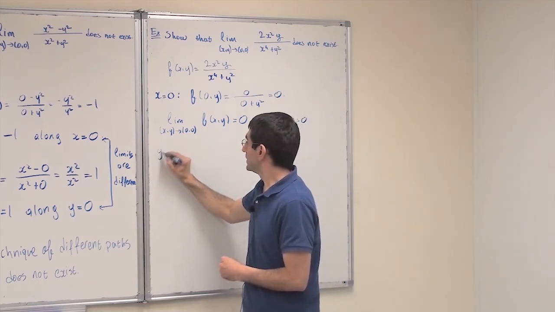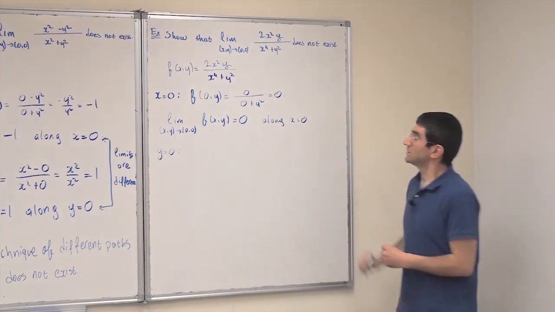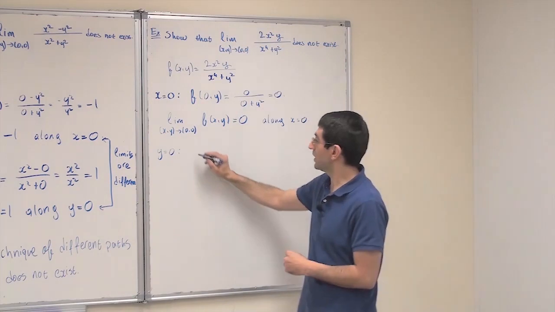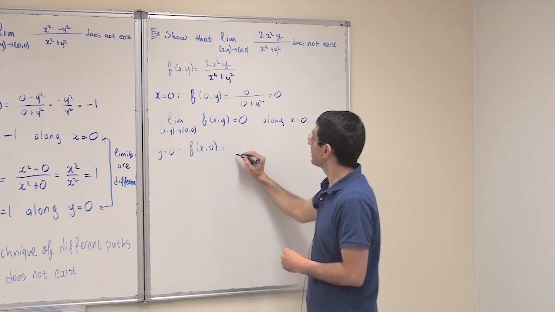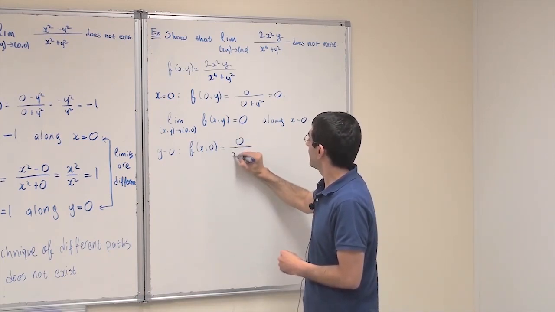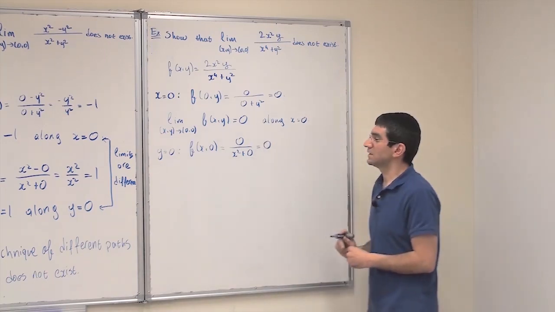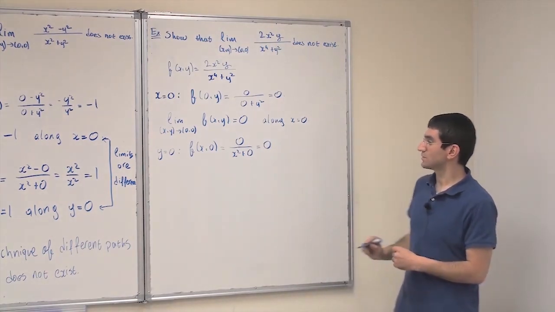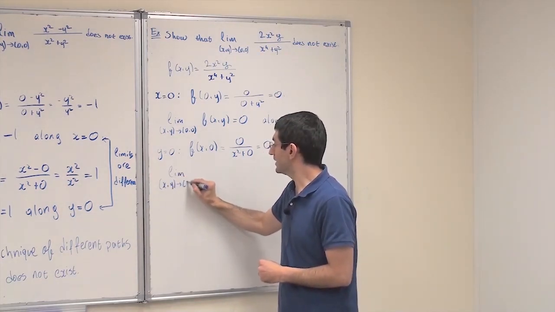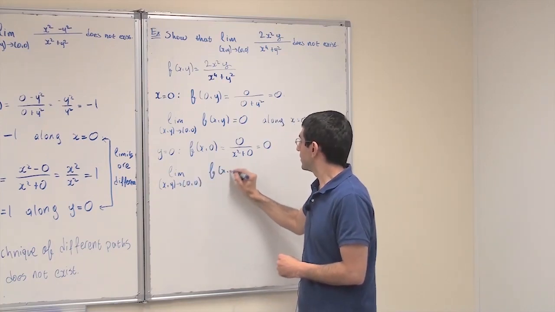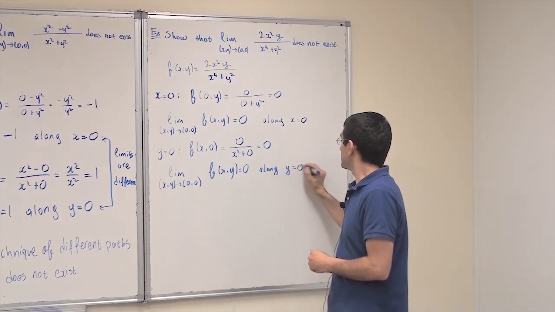Now, try the other simple path which passes through (0, 0), which is y equals 0. So f of (x, 0) is equal to 0 over x squared plus 0. So the function along y equals 0 is also 0, which means that the limit along this path is also 0.